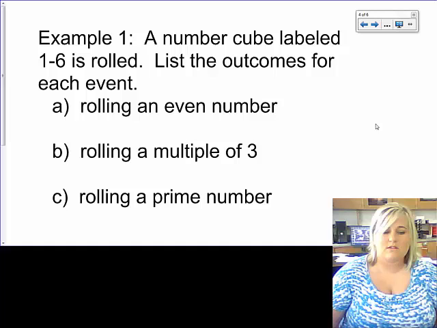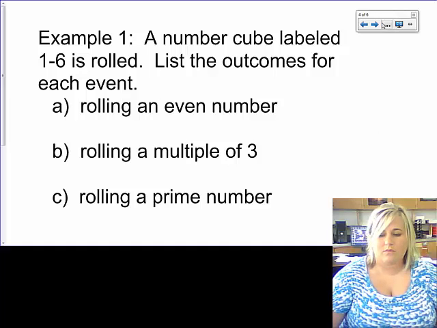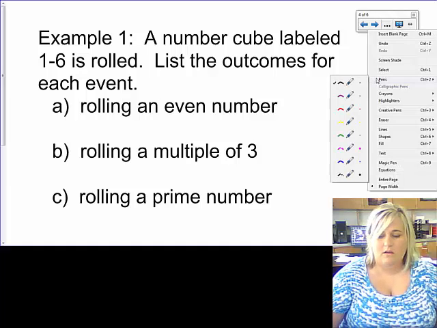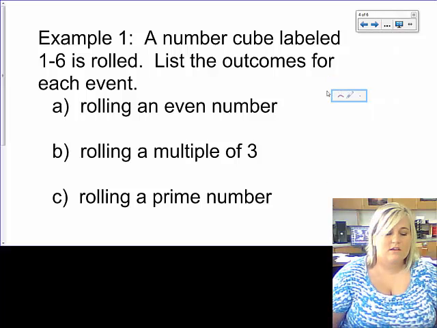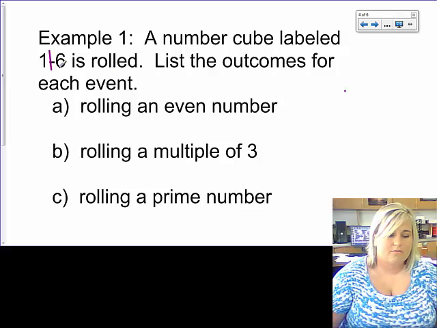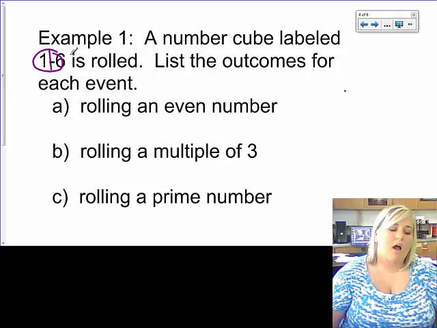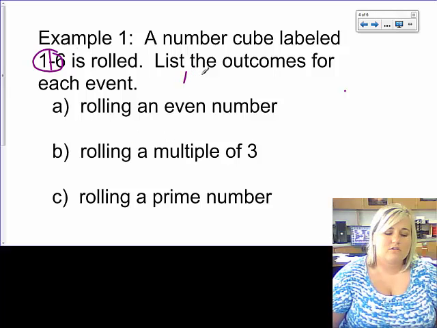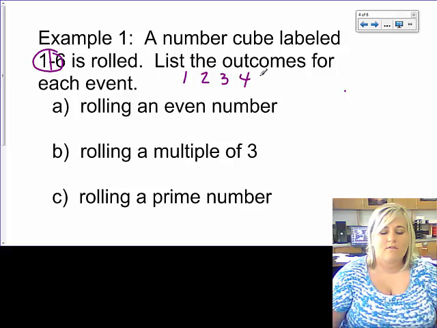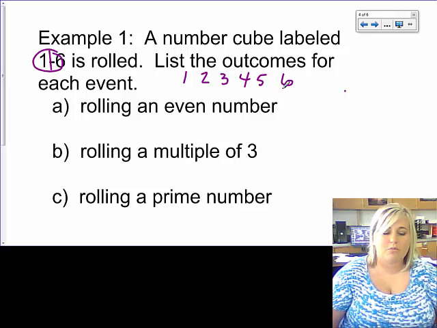Well, it tells us that the number cube is labeled using 1 through 6. So I know that I have numbers 1, 2, 3, 4, 5, and 6 on that number cube.